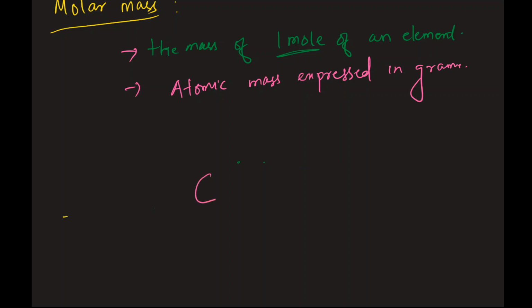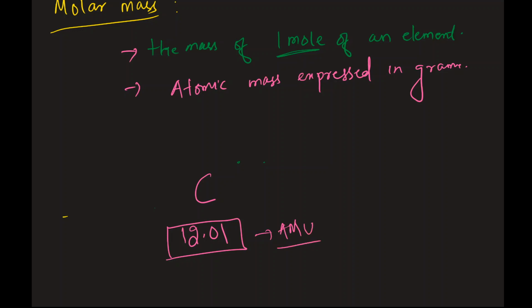Carbon's atomic number is 6, right? If you look at the periodic table, you'll see the atomic mass of carbon written either at the bottom or somewhere on the top. It doesn't matter. You will see 12.01. That's our weighted average atomic mass, in AMU.